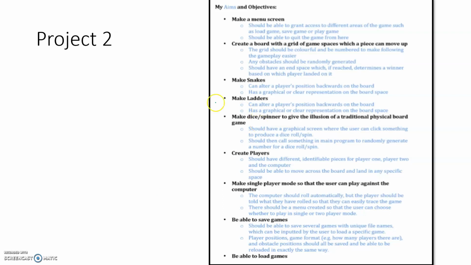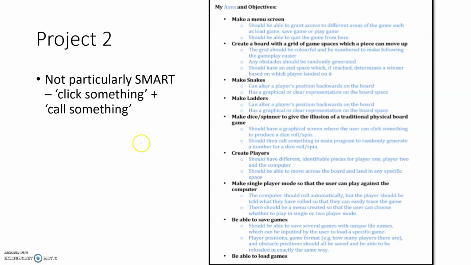Okay, so we get to the requirements here, and they're certainly not as well written as project number 1. They're not particularly SMART. In some cases they can be quite vague, so 'click something', 'cool something', I think you'll find in there.